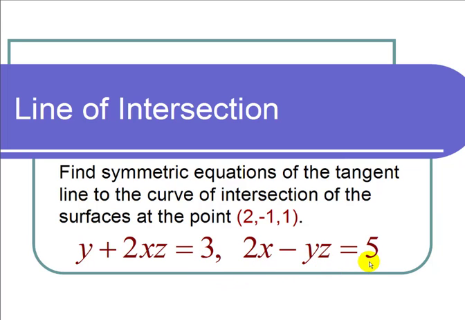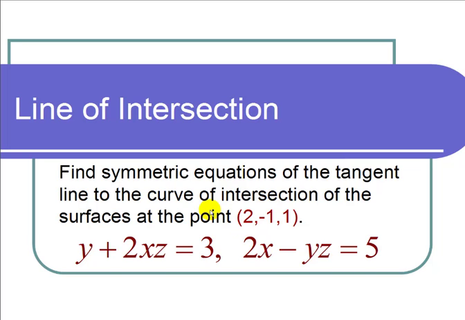So here's the strategy. We want to find the symmetric equations to the tangent line to the curve of intersection. The tangent line to the curve of intersection of the two surfaces will lie on both tangent planes to the surfaces at the point.